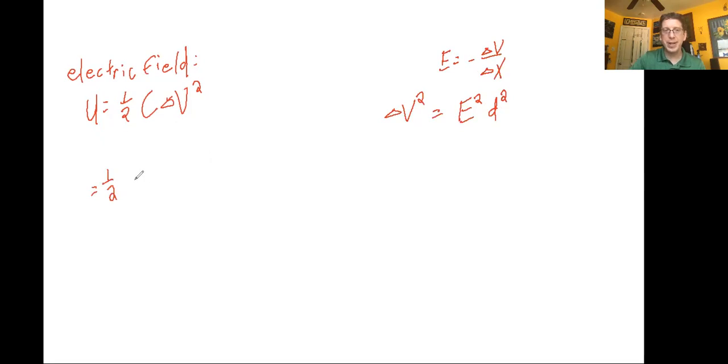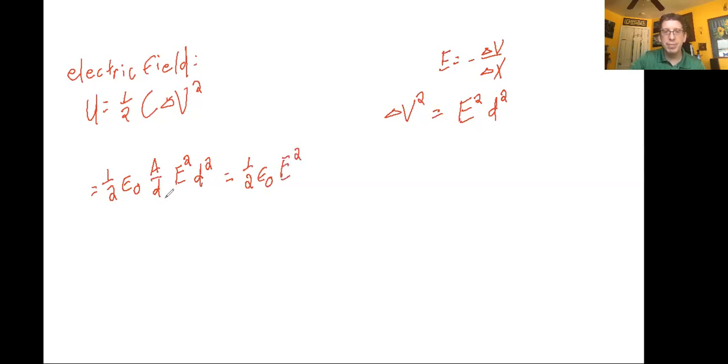For a parallel plate capacitor, that's epsilon naught A over D times delta V squared, which is E squared times D squared. So we can simplify this a little bit. That becomes 1/2 epsilon naught E squared.